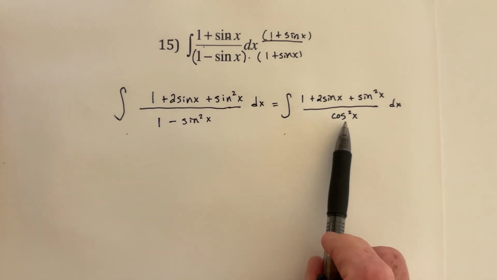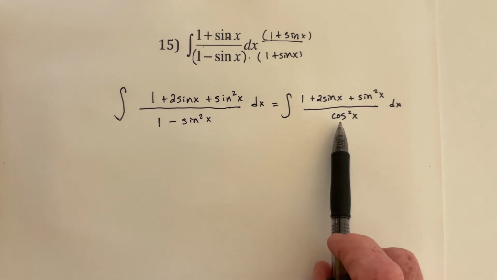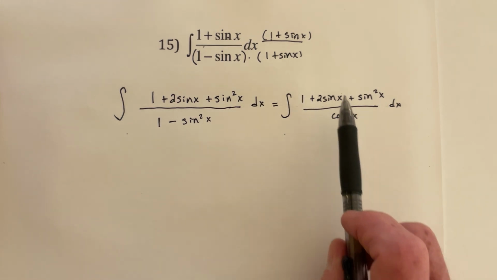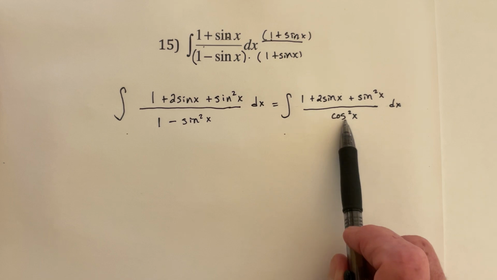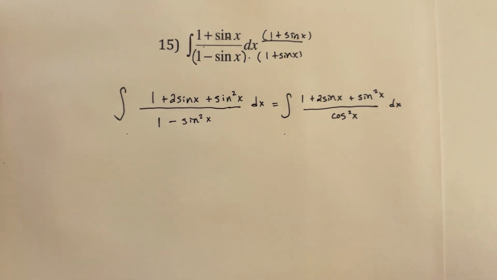Now, as it is, this is a pretty complicated integral to do. So what I'm going to do is break this up into 3 fractions: 1 divided by cosine squared, the 2 sine divided by cosine squared, and then sine squared divided by cosine squared.